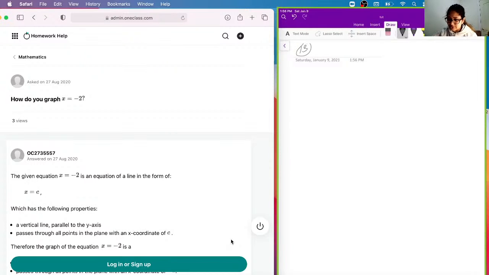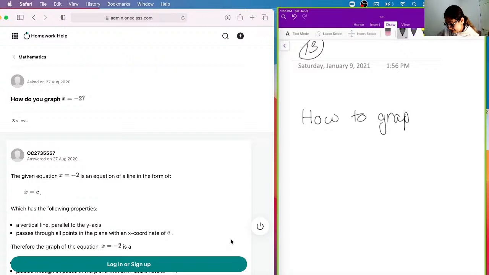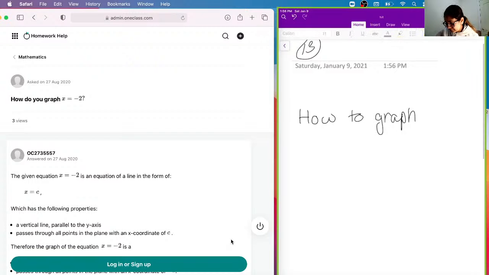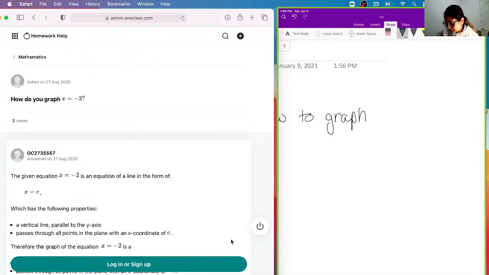Okay, so our next question says, how do you graph x equals -2?